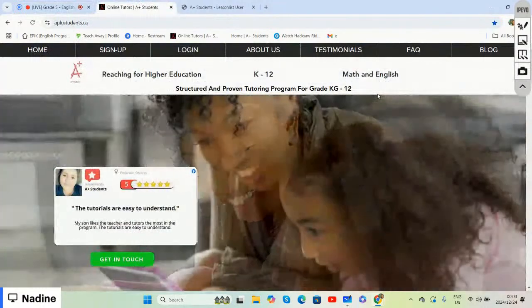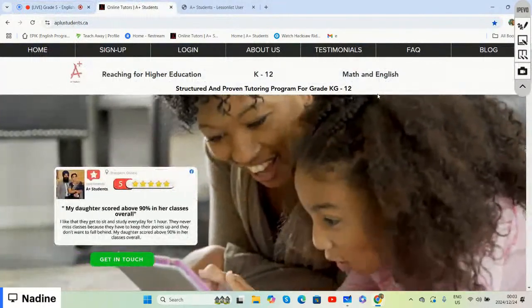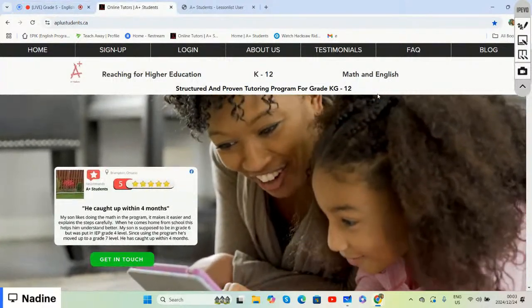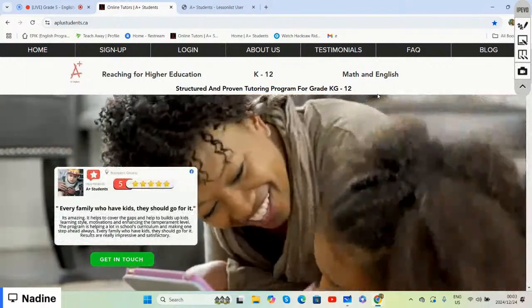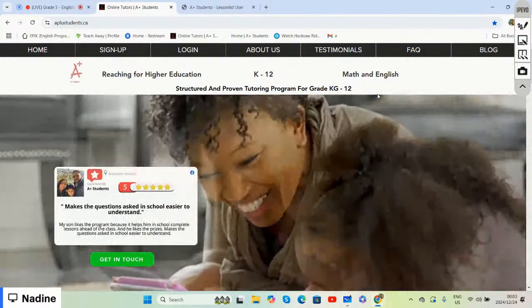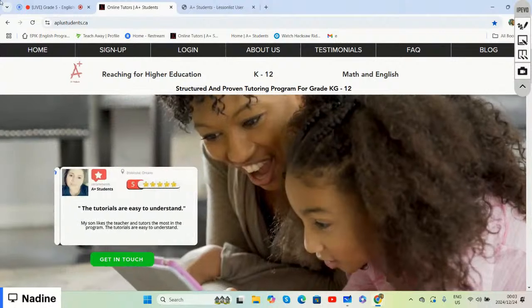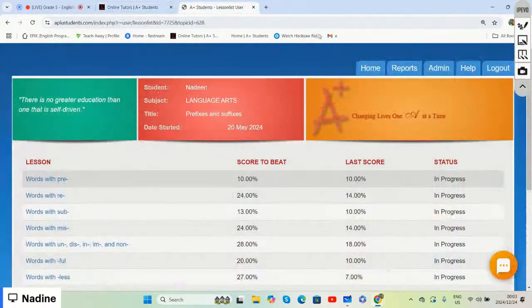We're doing grade 5. And then we will scroll down until we get to our chapter of prefixes and suffixes.